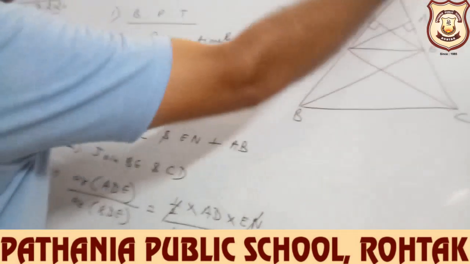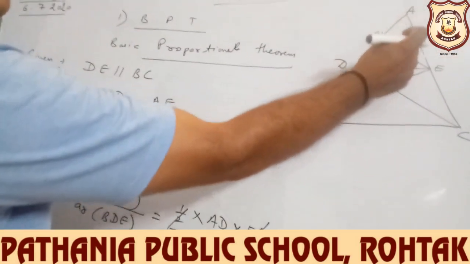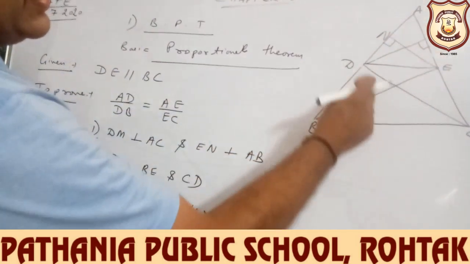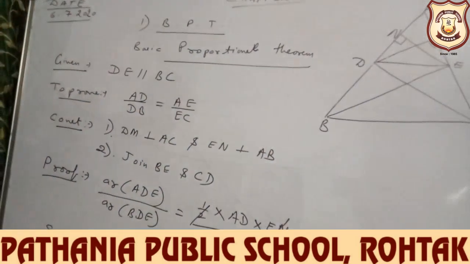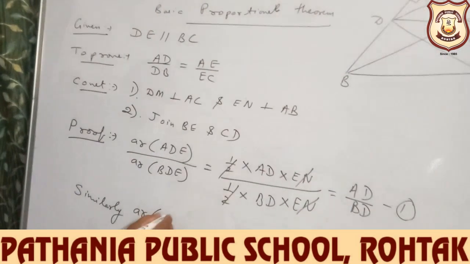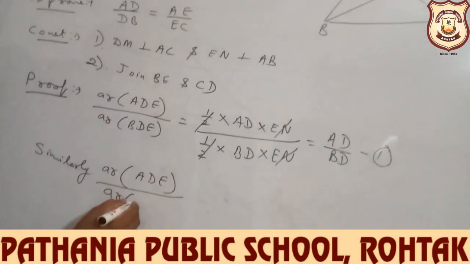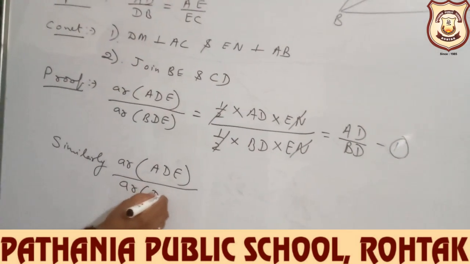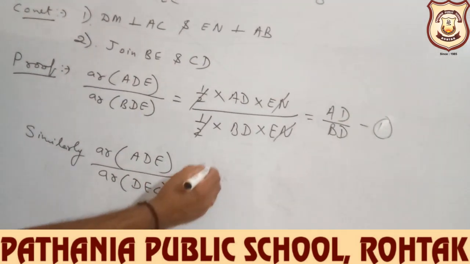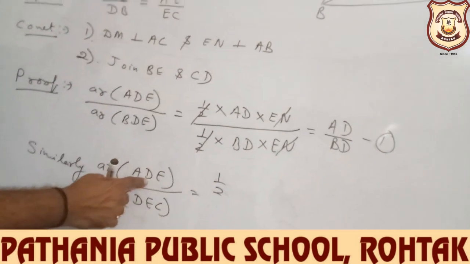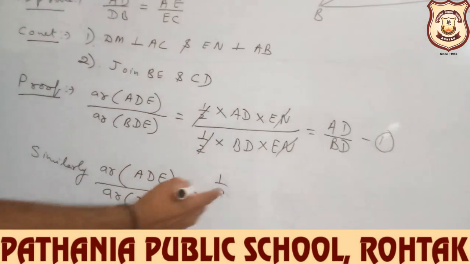Similarly, now this side you can consider AC. Two triangles are there, ADE and DEC. Area of ADE upon area of DEC.